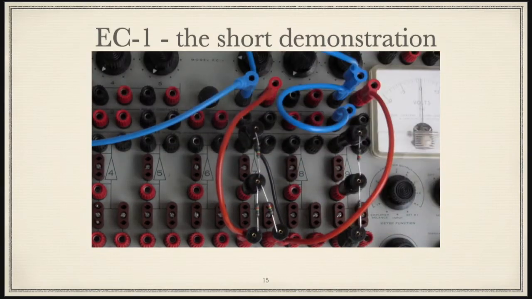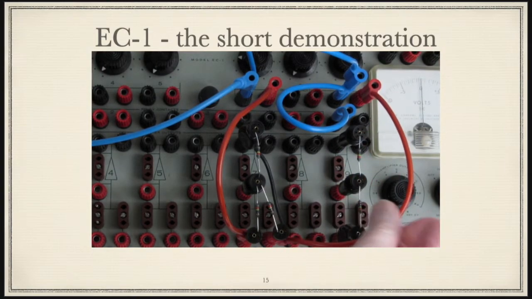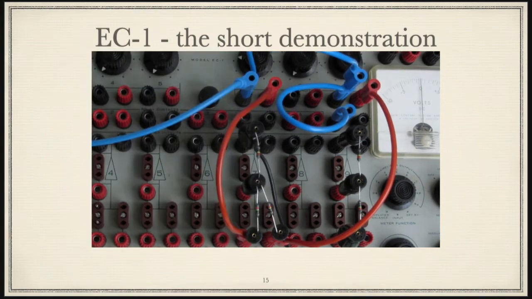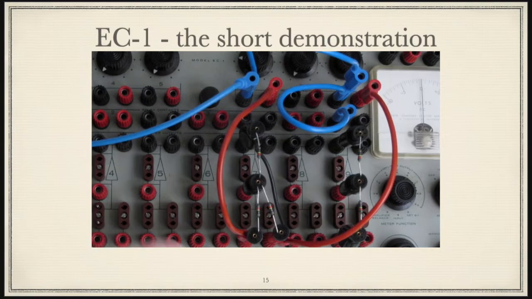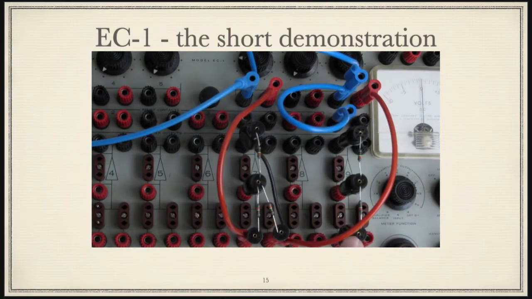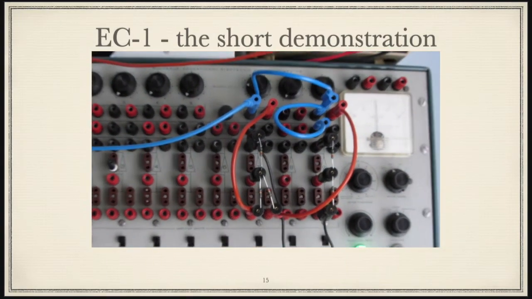Input 2 is coming here from this potentiometer here. Then we add it, and in order to have a positive signal, we invert the signal here with this simple inverter. Okay, let's go a little bit back.